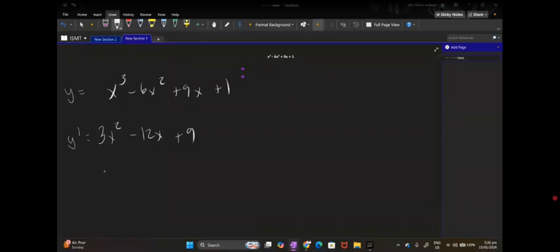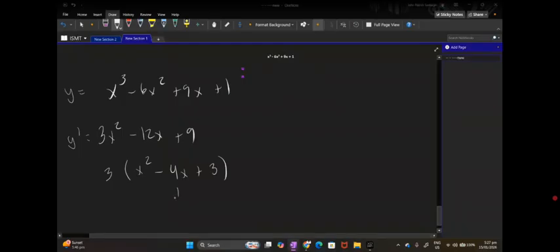Pwede nga natin ilabas si 3. Ang mangyayari, lalabas si x squared minus 4x plus 3. Yan. Tama ba? 4x plus 3.